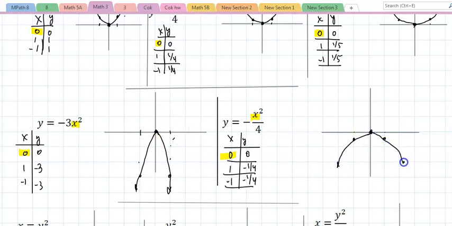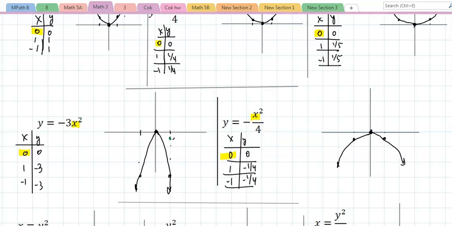If I put them on the same axes, you would see how wide it is. But we're not going to worry about that. That's not a big deal. I want a rough sketch. Those 3 points will do.